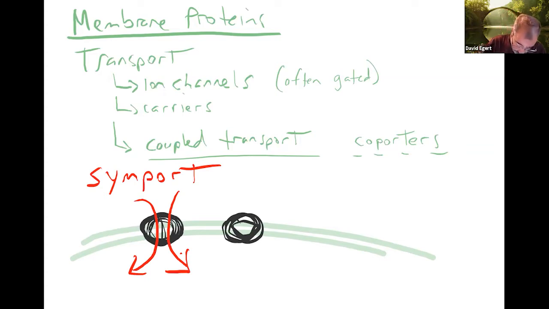For instance, we're going to see one where you can have glucose and sodium work together to go through this thing. But both the glucose and the sodium have to be docked in order for this thing to then spit them out on the other side.